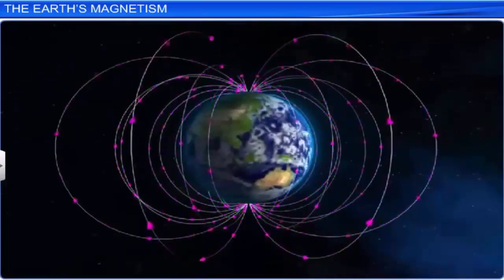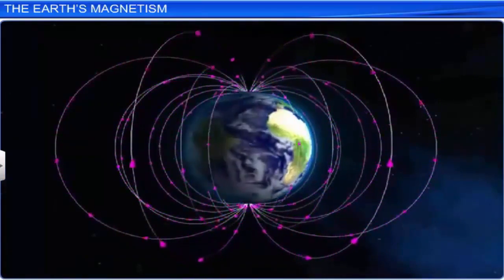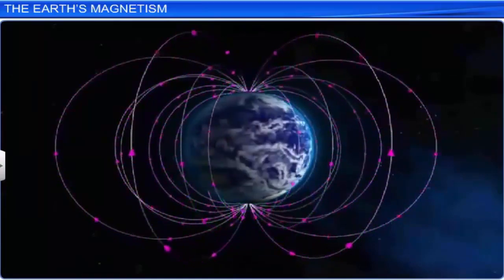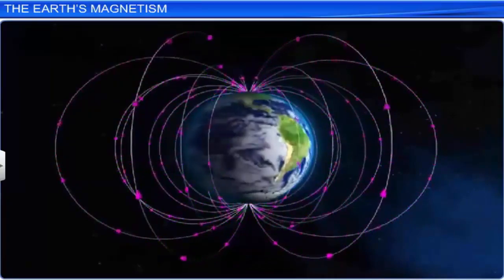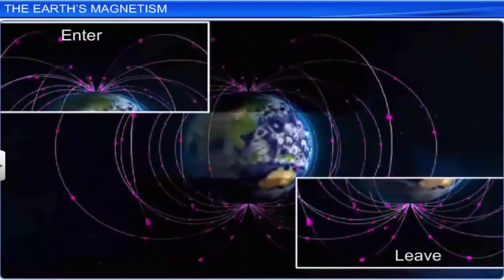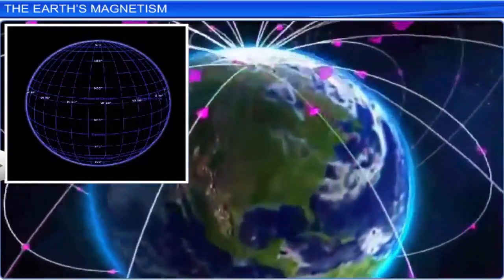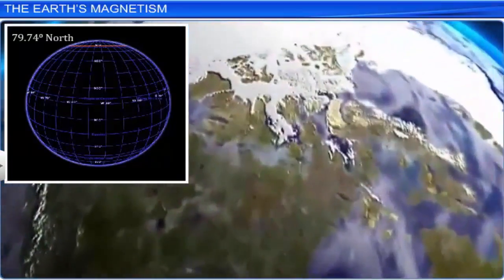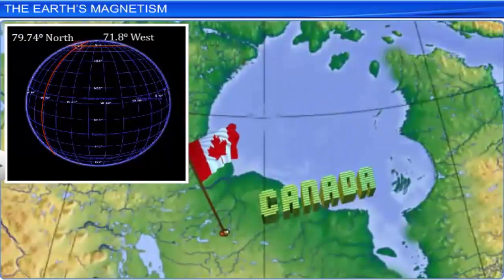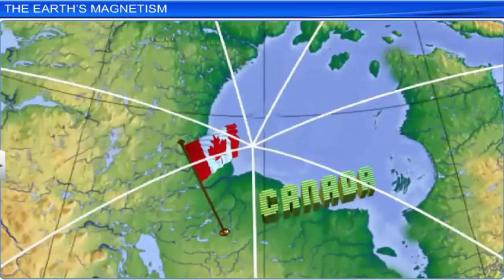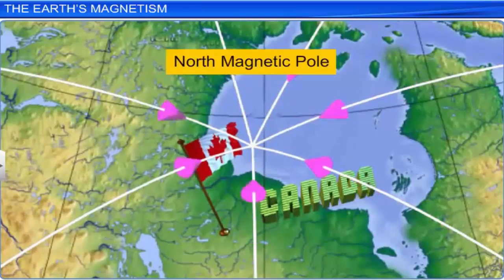From the observation of the Earth's magnetic field lines, we can see that the magnetic poles are located where the field lines due to the dipole enter or leave the Earth. A magnetic pole is located at a latitude of 79.74 degrees north and a longitude of 71.8 degrees west. This is a place in North Canada. This pole, which is near the geographic North Pole, is called the North Magnetic Pole.